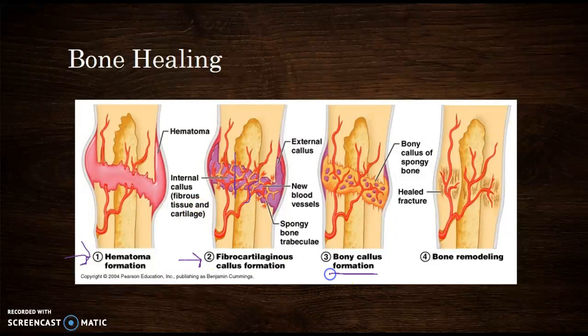Three, the bony callus is forming. So you're going to lay down spongy bone, and then bone remodeling. So due to some mechanical stress, your osteoclasts and osteoblasts will remodel the bone, forming a really hard, compact bone, permanent site. So that is it for Lesson 9.